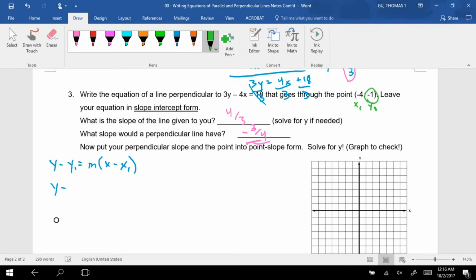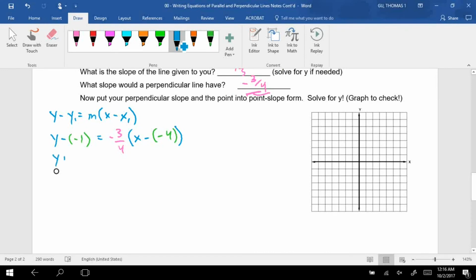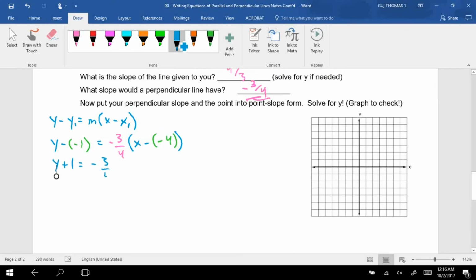So y minus negative 1 equals m, that's our slope, negative 3 over 4, times x minus, where's x1? Right here, negative 4, so minus negative 4. Let's change the double negatives into positives, so we get y plus 1 equals negative 3 over 4 times x plus 4. There we go. And now we have our point-slope formula.